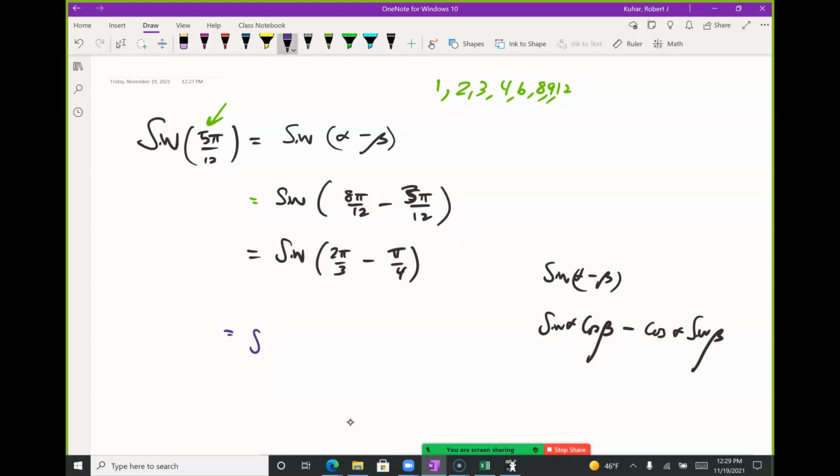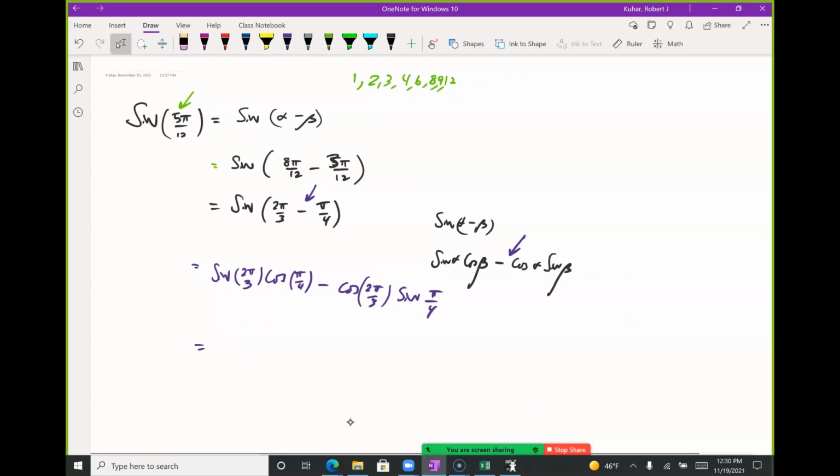So I need sine of 2 pi over 3 cos of pi over 4. Notice I'm not taking the signs of the angles. I just take alpha and beta and let the sign in between determine the formula I'm using, right? So minus cos of 2 pi over 3 sine of pi over 4.